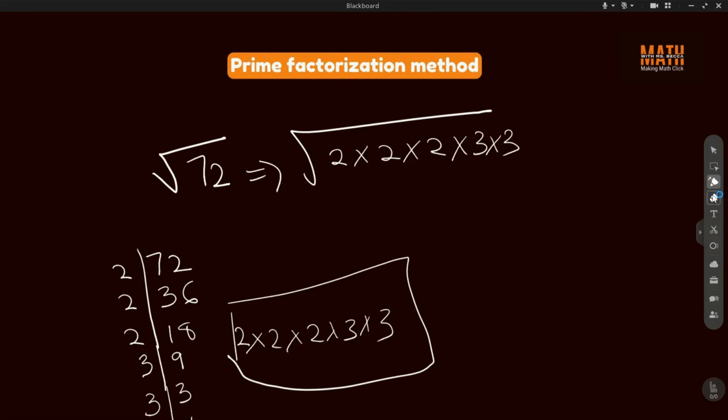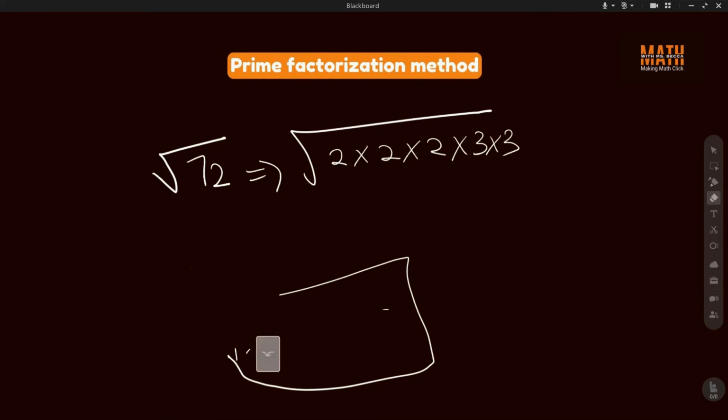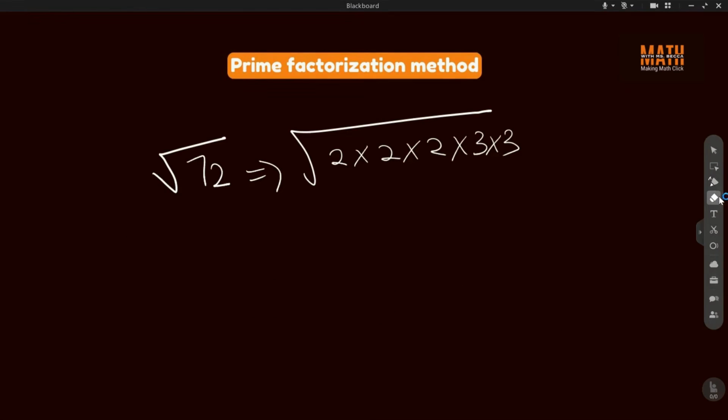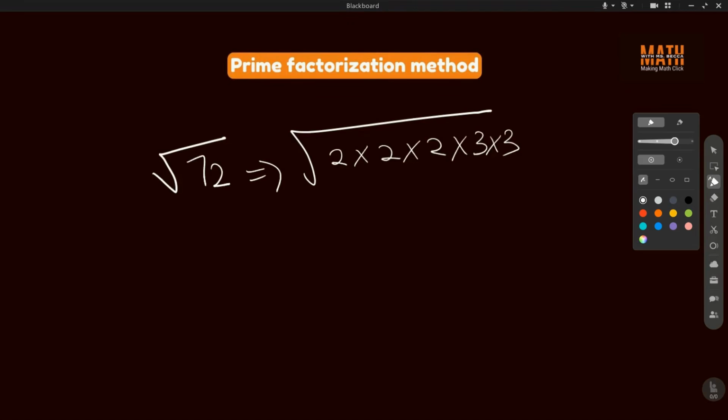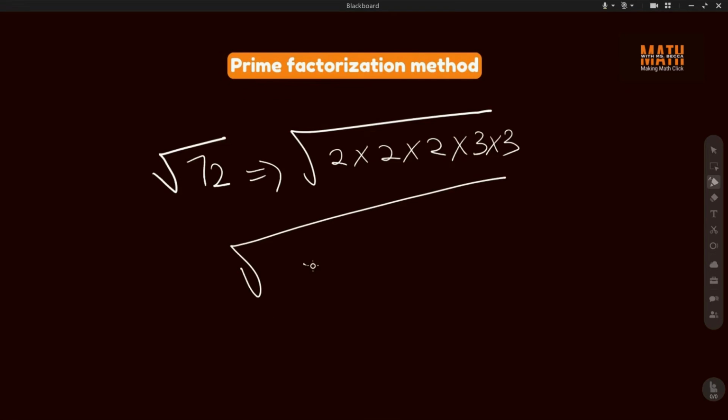After getting this, the next thing we have to do is pair the factors, grouping them in twos, so that we will have root 2 times 2. This is a pair. Then we are left with one 2 here, so let's leave that out first. Then let's pair the 3s, so we have 3 times 3 and then we have 2.